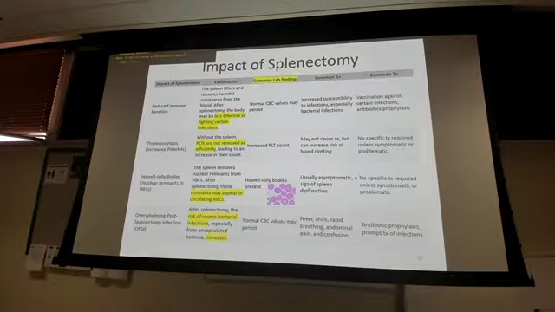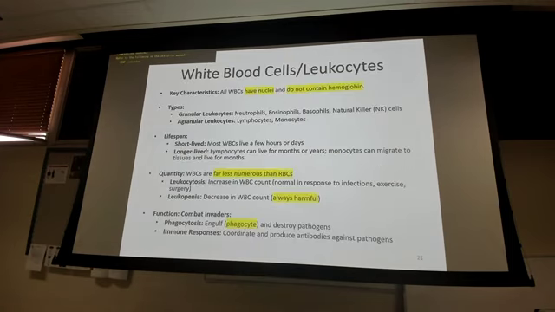Howell-Jolly bodies are nuclear remnants of red blood cells, and that's usually seen when there is no spleen in the body. And then lastly, you have overwhelming post-splenectomy infection. You may see normal CBC values, and these people tend to have an increased amount of bacterial infections as well.